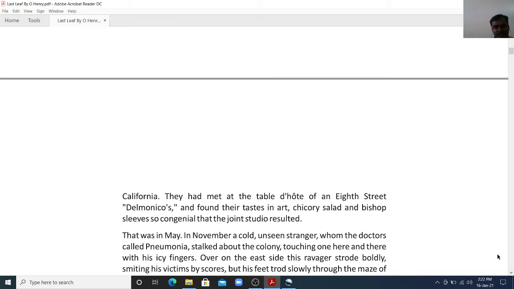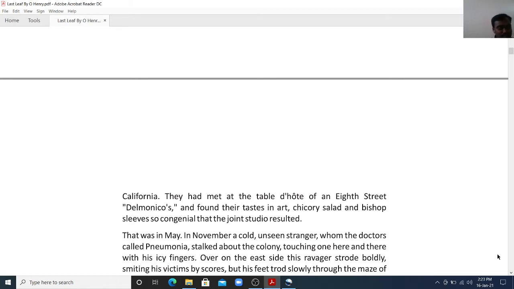Now, these streets are very narrow. Here the disease is personified in a character. We have to understand how widespread the disease pneumonia was, how it spread as a pandemic in the early 1900s.